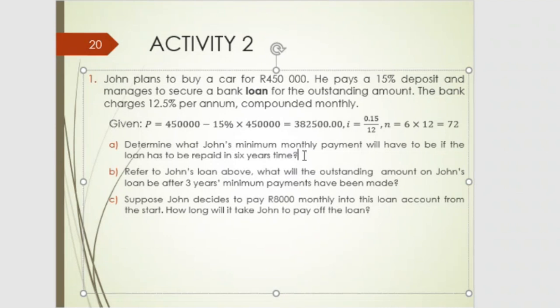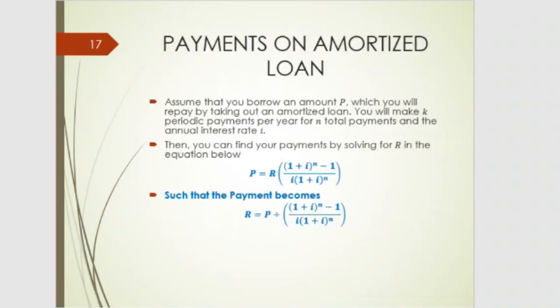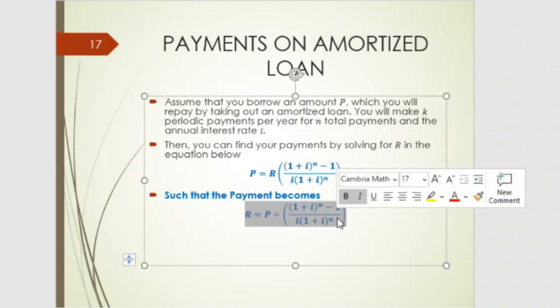So now the first question: determine what John's minimum payment will be if the loan has to be paid in 6 years. So it means you go and take the formula to calculate the payment. Is this one?